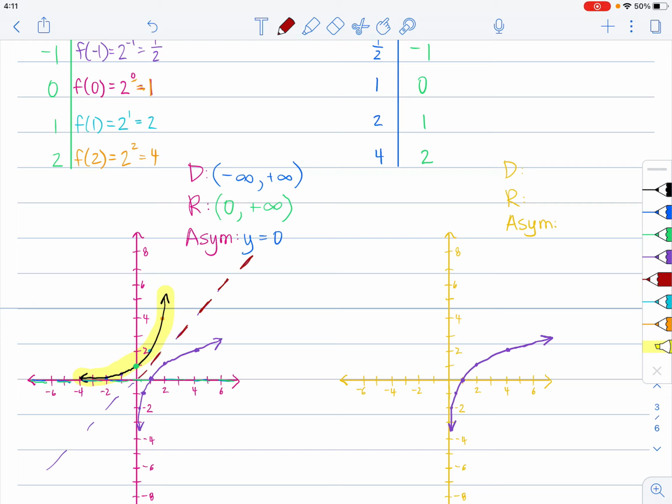The other thing that we learned about inverses is that f inverse's domain is f's range and vice versa.